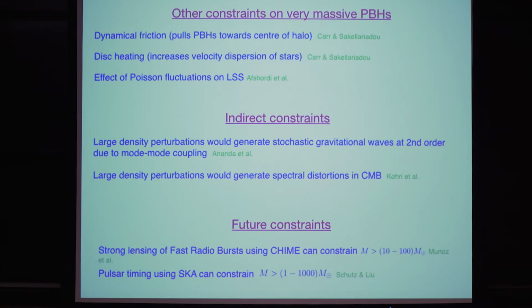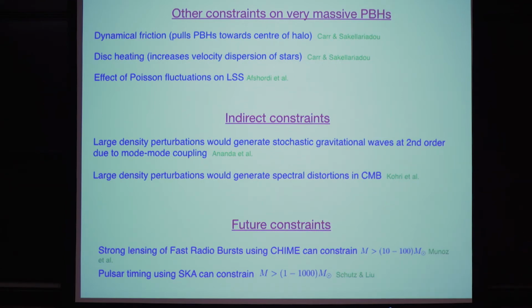This first one is a slightly subtle one: if you have large density perturbations, you end up via second order effects producing large tensor perturbations, i.e. gravitational waves, and limits on stochastic gravitational wave backgrounds then end up constraining large density perturbations and hence the production of black holes. That one is rather model dependent.